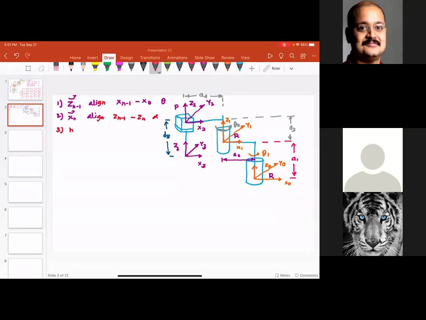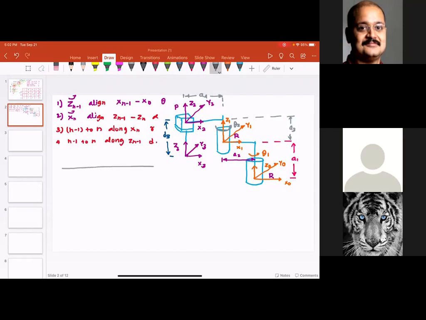Then n minus 1 to n along Xn is going to give you R. And the last, n minus 1 to n along Zn minus 1 will give you D.